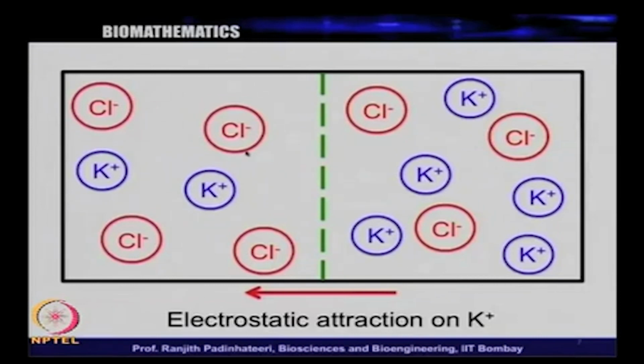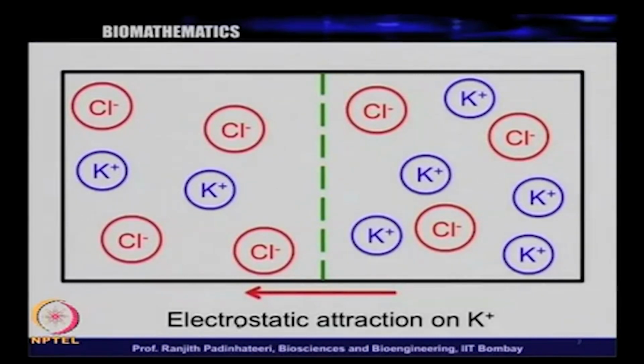So, what will we end up with? We will end up with more positive charges here and more negative charges here. What will happen if we have more positive charges here and more negative charges here? This K plus will be attracted back by these negative charges. These negative charges will attract these positive charges.